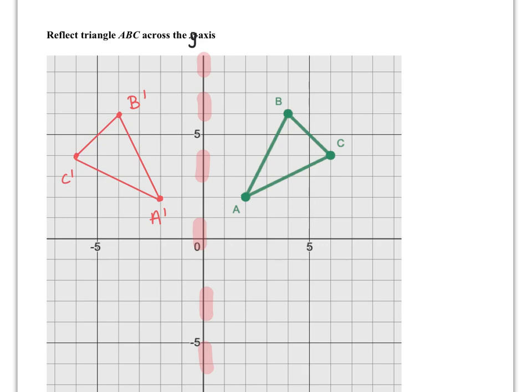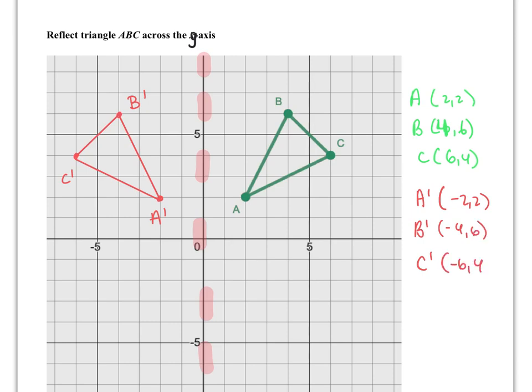Again, I'm going to investigate my coordinates. I've got my same coordinates as before: A was (2, 2), B was (4, 6), C was (6, 4). And now this time I'm going to list A prime, B prime, C prime. My coordinates of A prime are (-2, 2), B prime is (-4, 6), and C prime is (-6, 4).